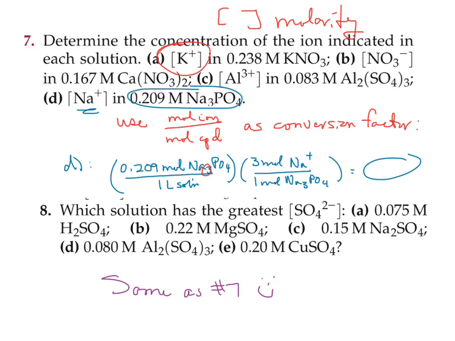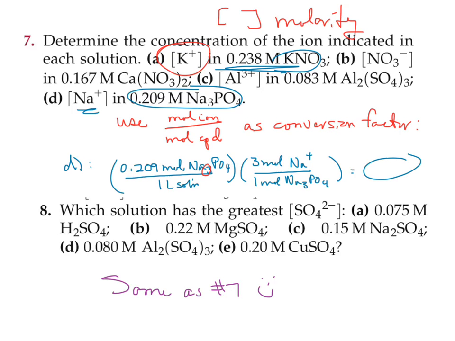So actually the first one, you're going to want to show me that with the ratio. If you have 0.238 molar KNO3, since there's a 1 K for every KNO3, you have 0.238 molar K plus. But you're going to have to show that one little ratio, okay?